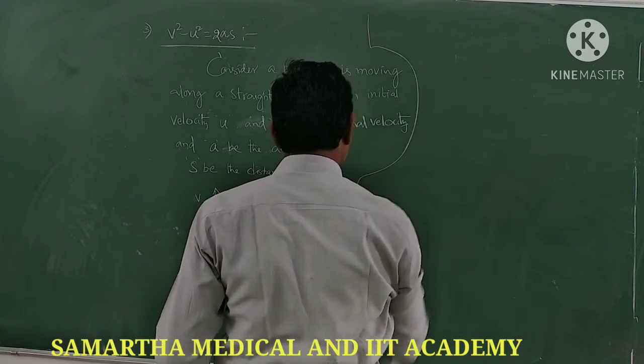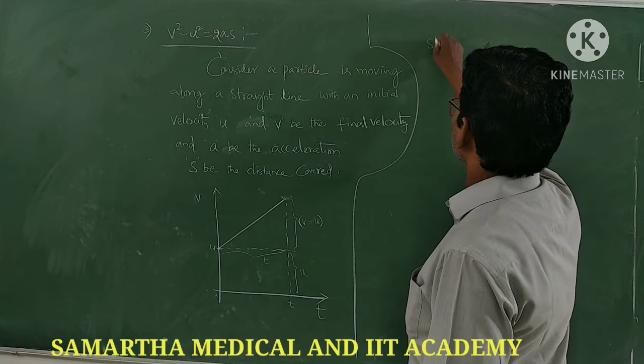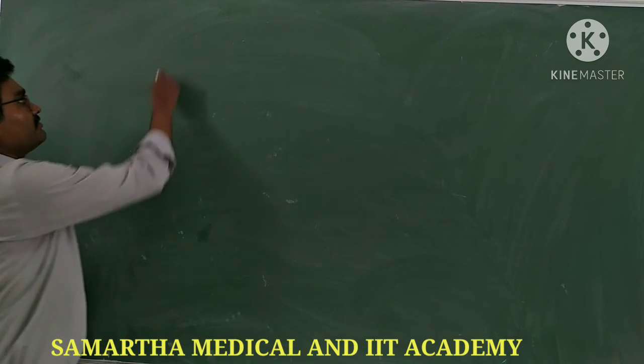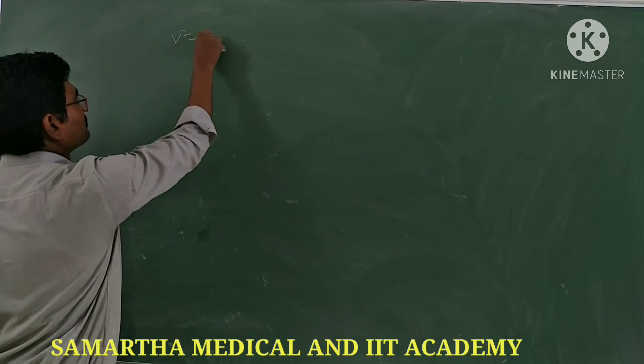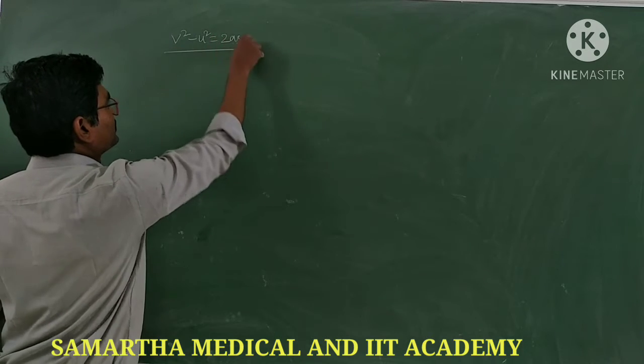So first, I am going to find the slope of the curve for the equation v square minus u square equal to 2as by using the graphical method.